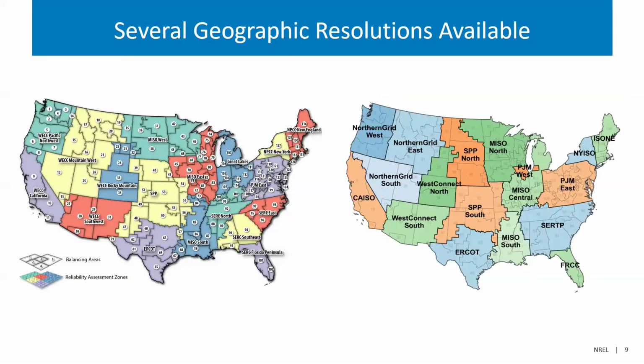There are also several different geographic resolutions available. On the left, this map shows 134 different regions that we've broken the contiguous United States into, trying to capture both administrative as well as resource trends, like the varying qualities of wind and solar resources.